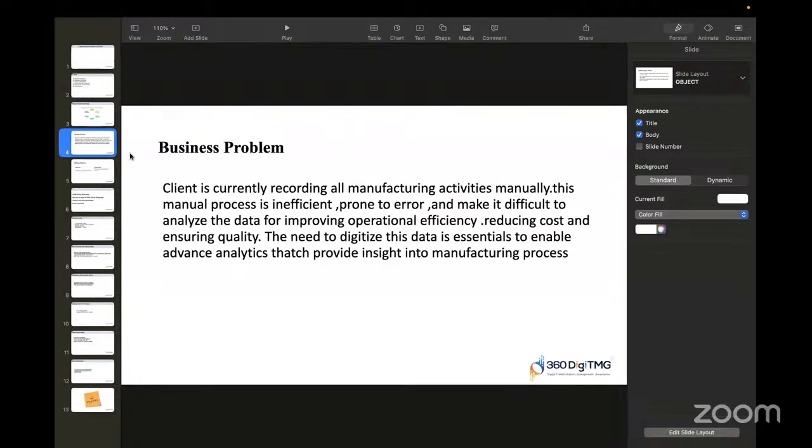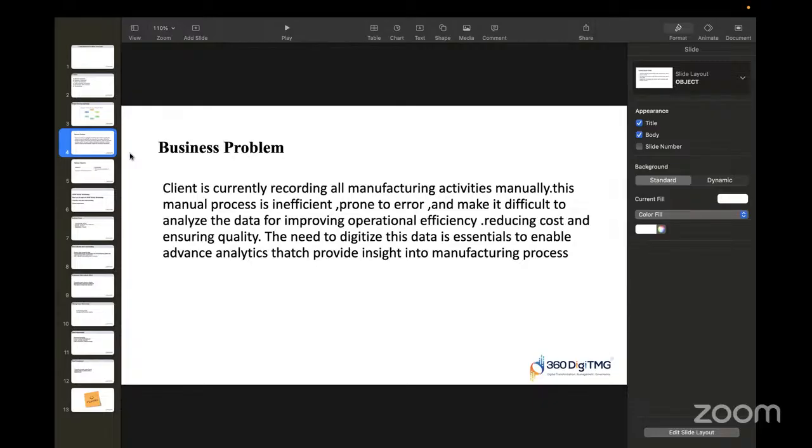The business problem in this project is that the client who manufactures the cards makes the records manually. This manual process is very inefficient and prone to many difficulties and errors.